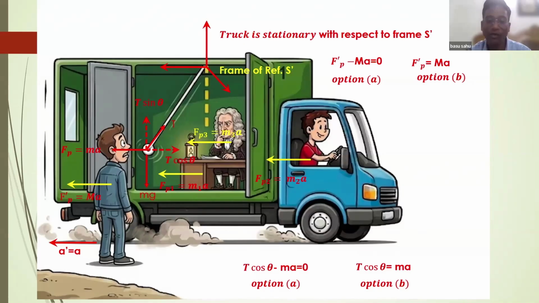That's why we are not saying here that the truck is a non-inertial frame of reference with respect to Earth. Why are we not saying that? Because we have assumed earlier that Earth is an inertial frame with respect to absolute space.